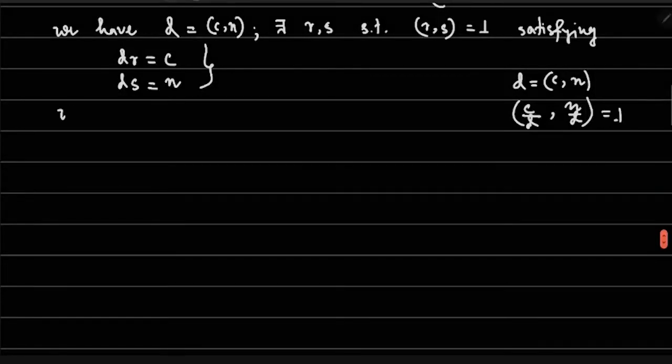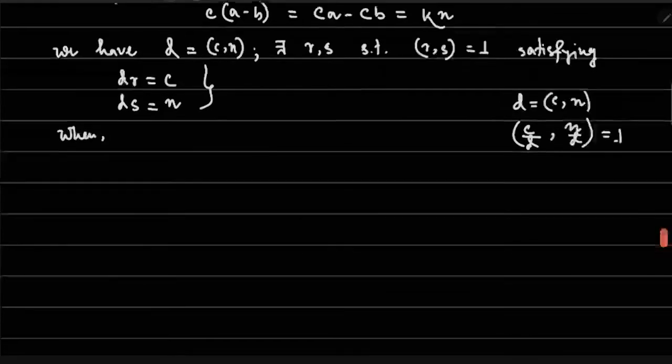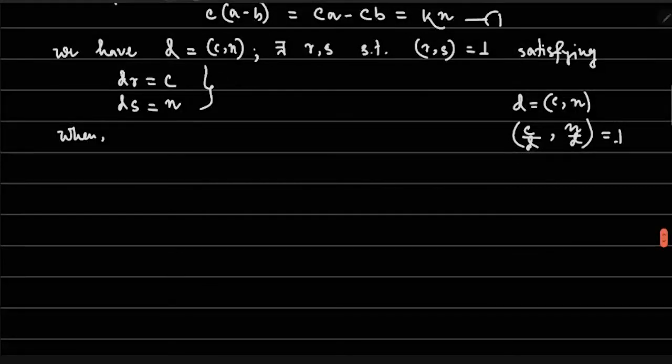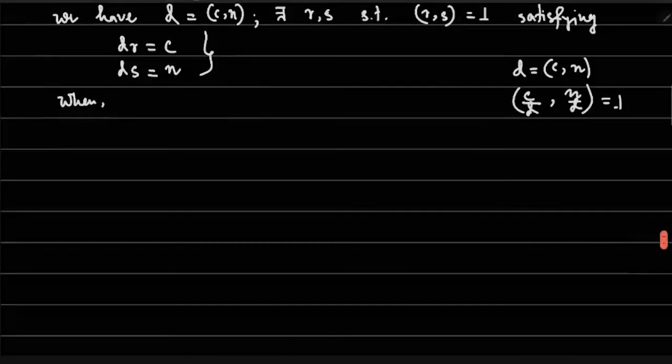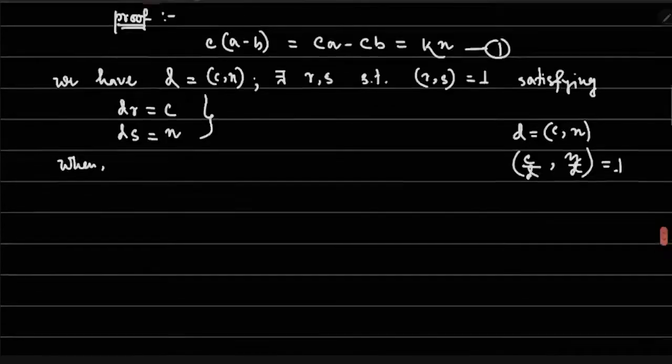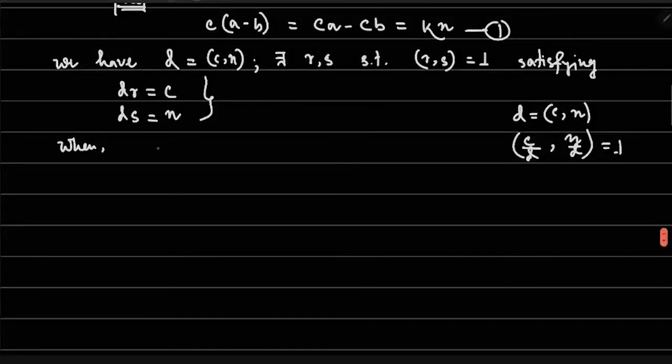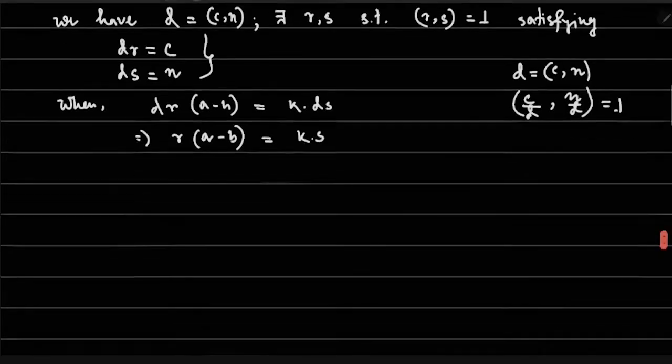So when these two values are substituted in the equation, which equation? This equation 1. What will happen? It will happen like this, that D into R into A minus B is equal to K into D into S. The D gets cancelled out, that is R into A minus B is equal to K into S, right?